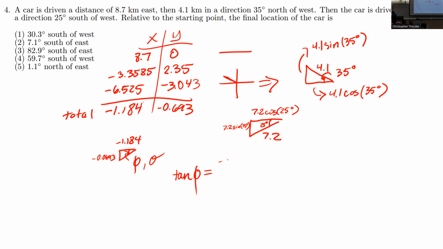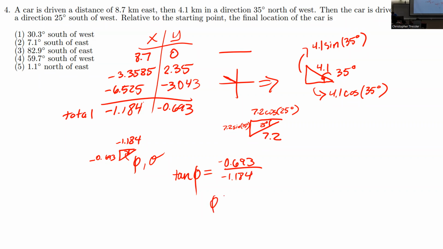So we're going to say negative 0.693 over the negative 1.184.